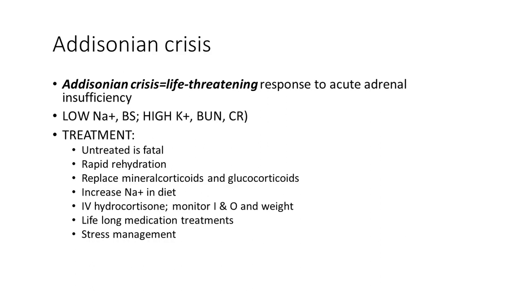Their potassium is going to be high because generally it goes opposite the sodium. The BUN and the creatinine are going to be elevated with the potassium. If an Addisonian crisis is not treated, it can be fatal. They need to be rehydrated very quickly.